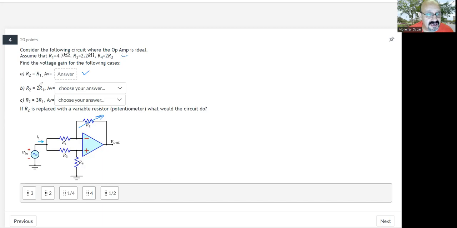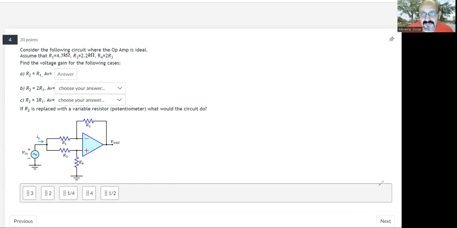Then for cases in which R1 is related to R2 by this equation, 2R1 is equal to R2. And the third case is when R2 is 3 times R1. So we have 1, 2, and 3. And what we want to understand is what happens when we change that particular resistor.